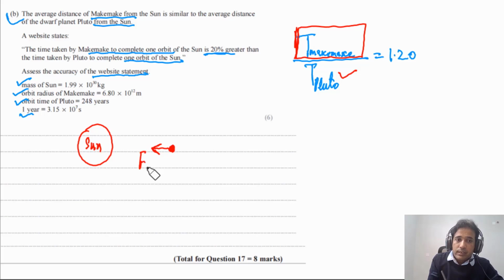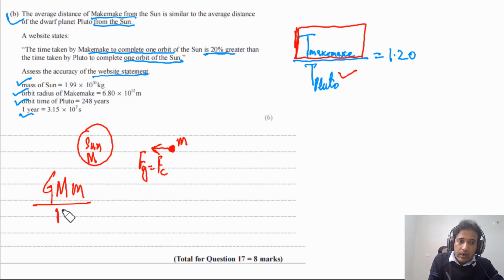It's not equal to centripetal force, because centripetal force is not a force by itself. Now we can write GMm divided by the orbital radius squared, where capital M is the mass of the Sun and small m is the mass of the planet, and this has to be equal to mrω squared.